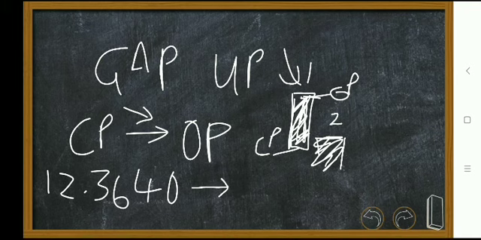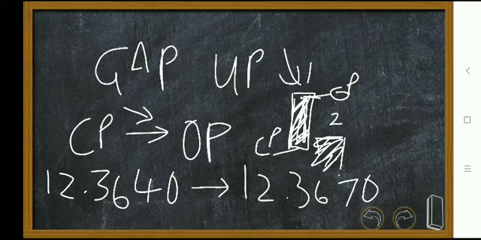Like we said before, the opening price of the current candle should be the same as the closing price of the previous candle. But you find out that it's not the case. It's 12.3670.